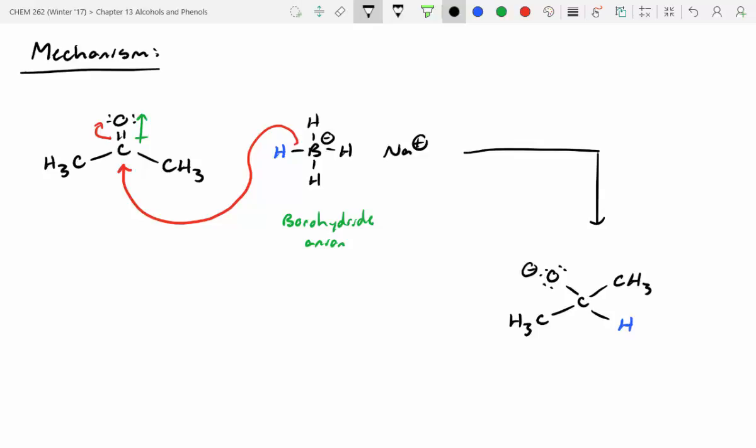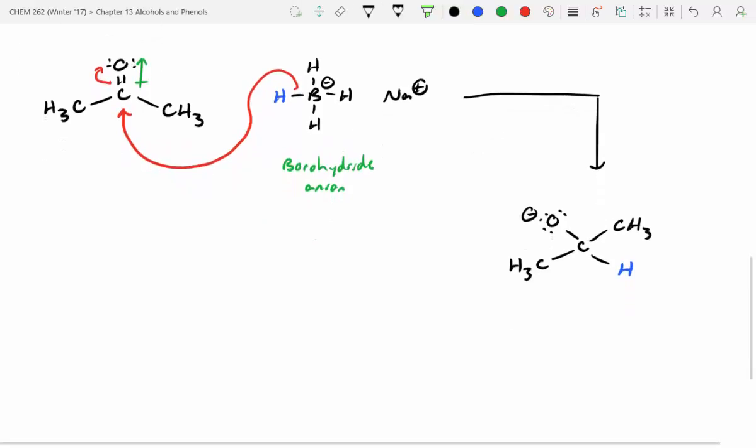And now we've got our alkoxide anion. This alkoxide anion isn't very happy with its negative charge, but if you remember, we've got an alcohol solvent.